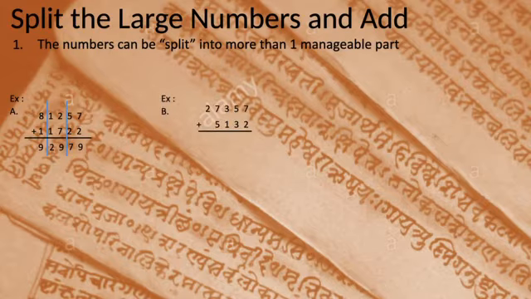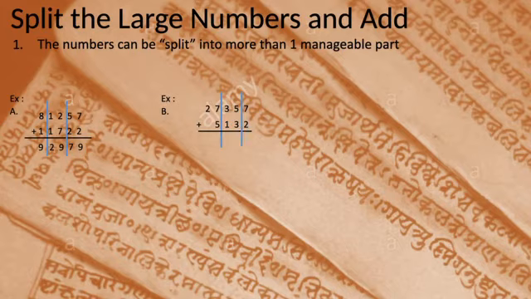So let's look at another example. We are adding a 5-digit number with a 4-digit number. Okay, so we have to be decisive on where to split it. Since we can split anywhere, you get the same answer. So I am splitting it at the thousands place and the hundreds place.